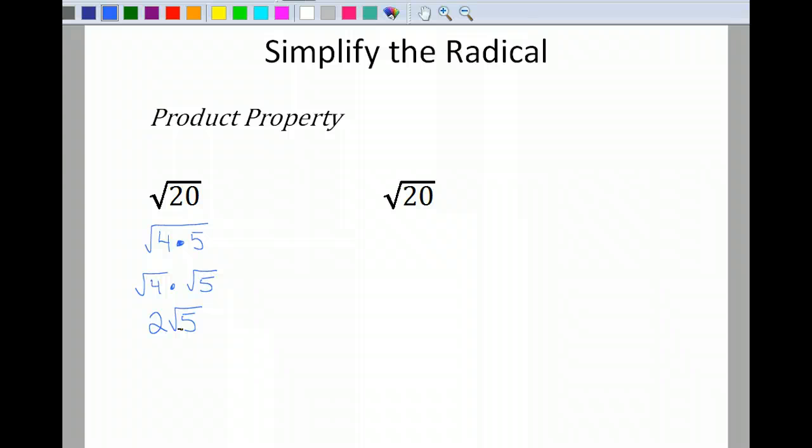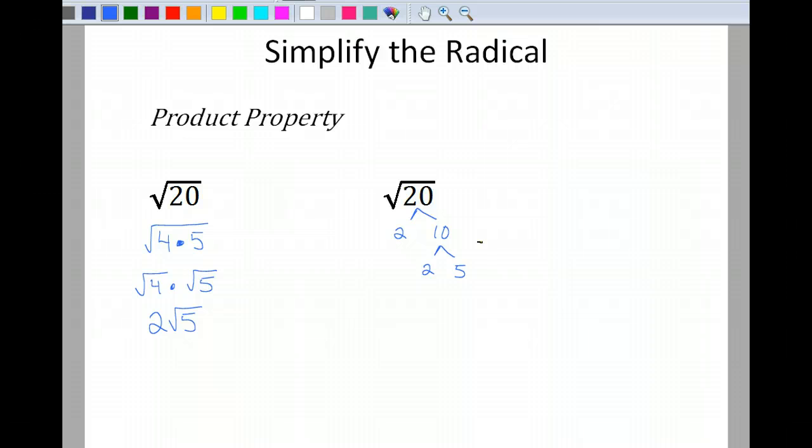Now sometimes I have a difficult time thinking of the two numbers. So sometimes I'll do a factor tree. And I'll do something like, okay, 2 and 10. I'm just going to make a factor tree of 20. Okay, now my factors of 10 are 2 and 5.